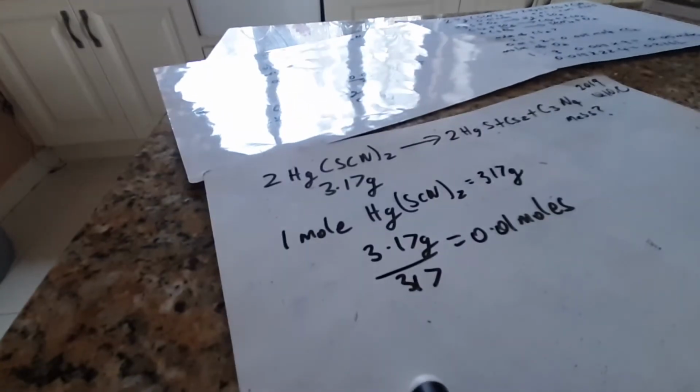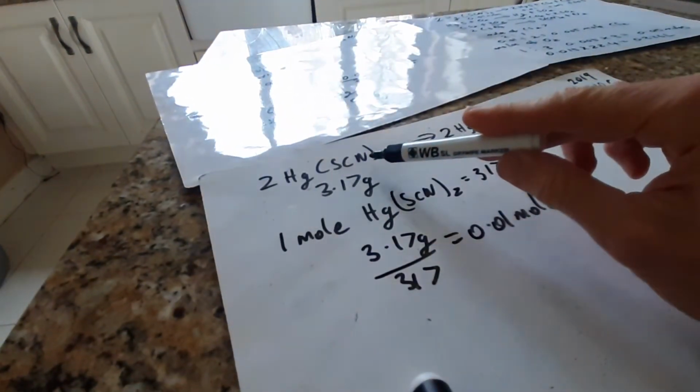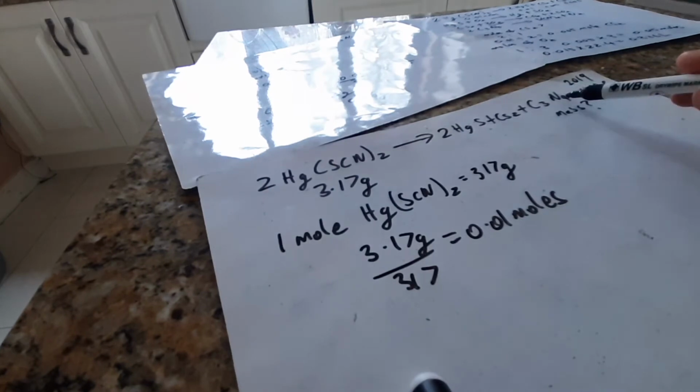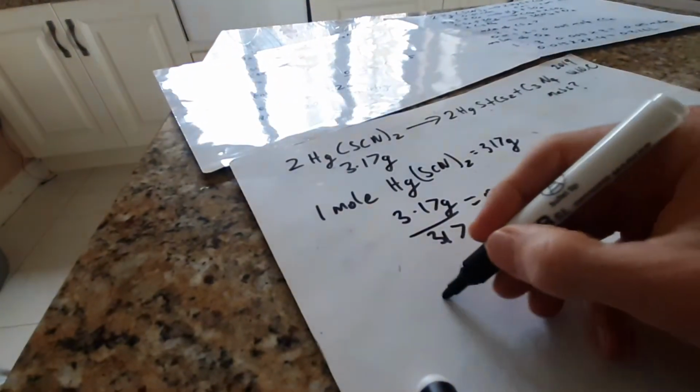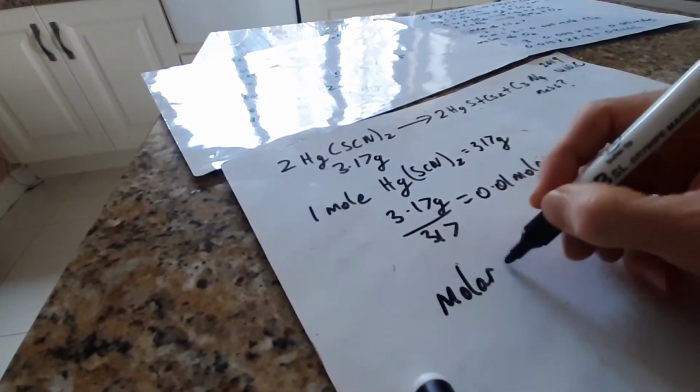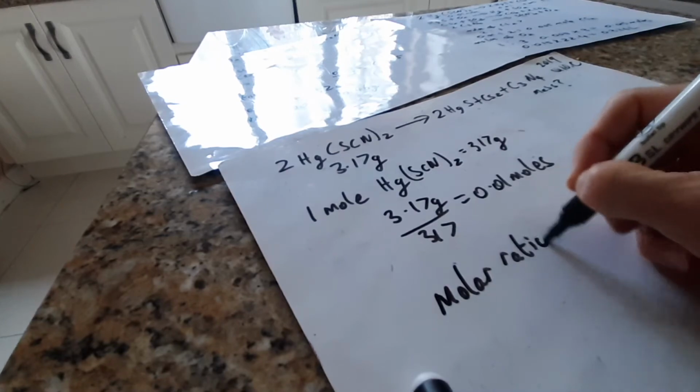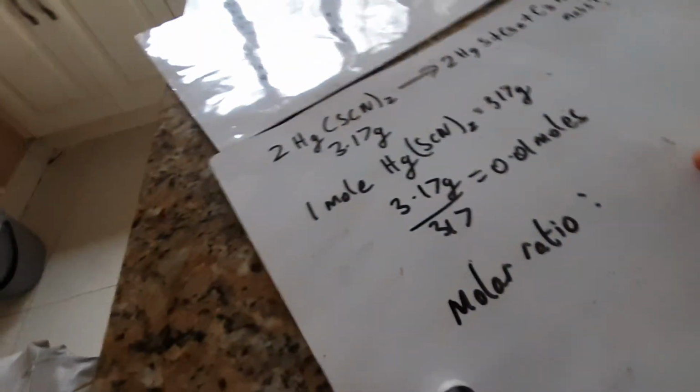Okay, so we started with 0.01 moles of this, and the question is, what mass of this did we get? So first of all, we have to work out how many moles of that we got. So we're going to use our molar ratio to help us do that. And in this case, as you can see, from the equation that we're given, the molar ratio is 2 to 1.